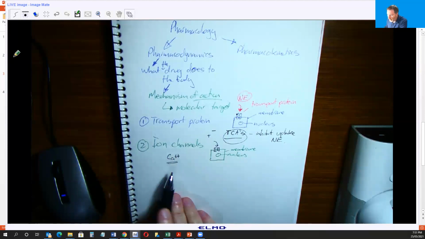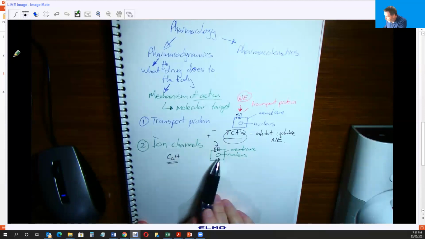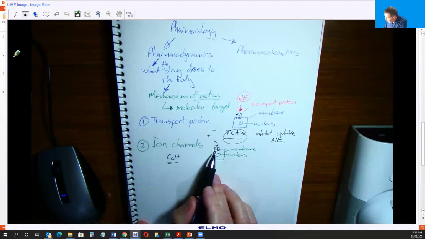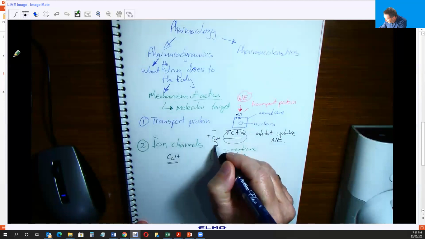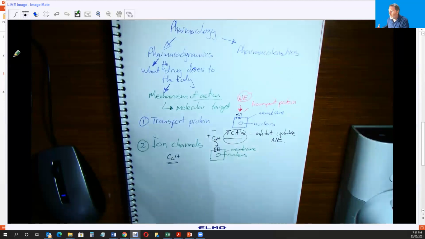There are channels in the membranes of our cells known as calcium channels, and these enable Ca++ to come into the cell, and that changes the function of the cell.